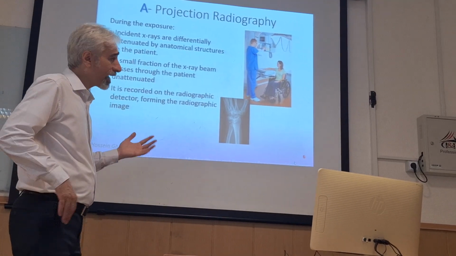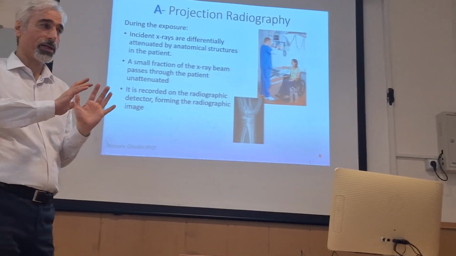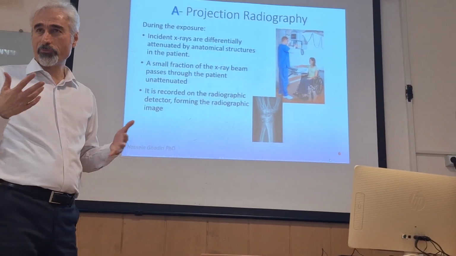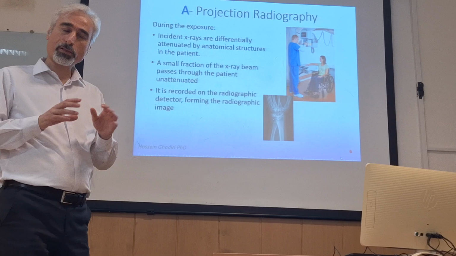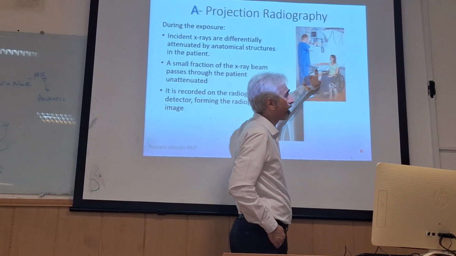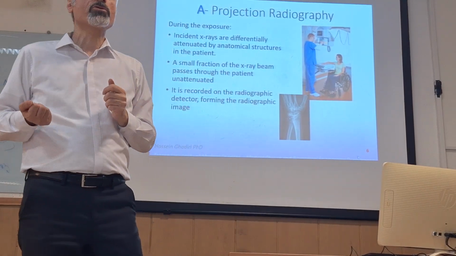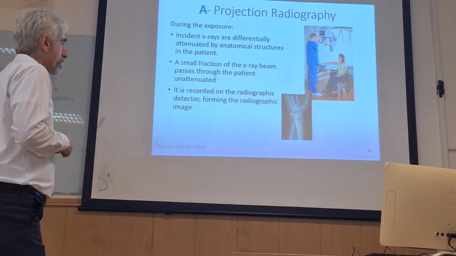We cannot say exactly if it is a screen film or a detector because the appearance is very similar to each other, but inside this slot there can be a digital detector or a screen film.